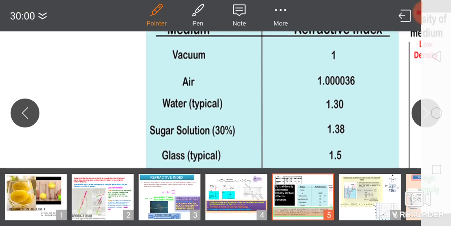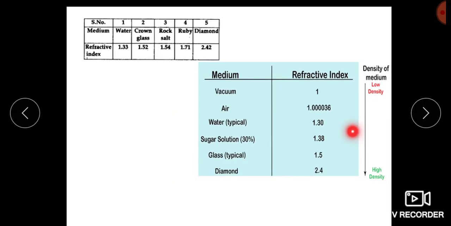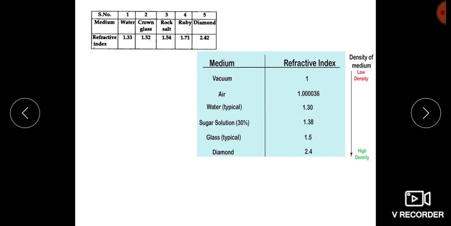So diamond has high optical density, so its refractive index naturally must be high. Yes. Now sugar solution and all we are having. So the optically denser medium is the one with density variation. Due to the density variation, the speed is affected. Because of the change in speed, we observe the bending of light.